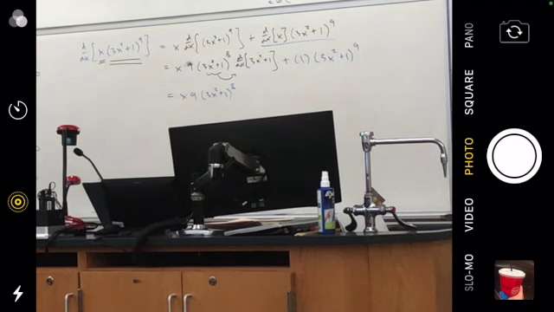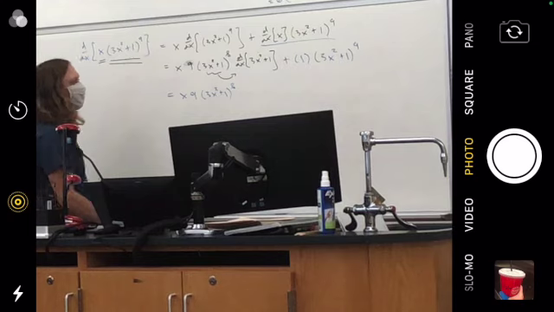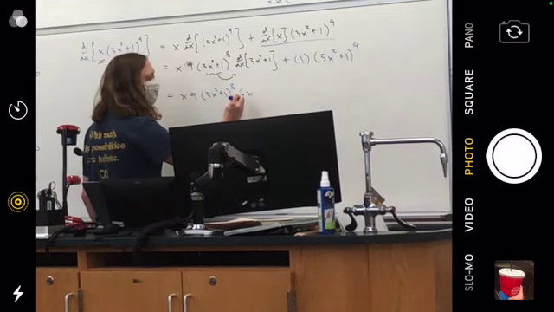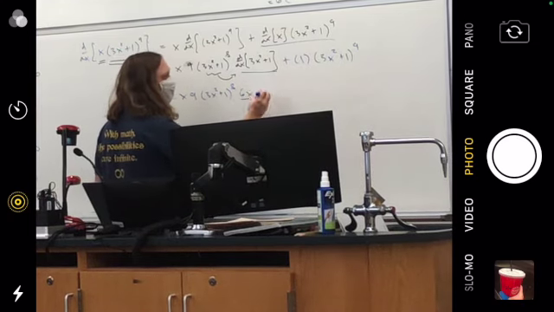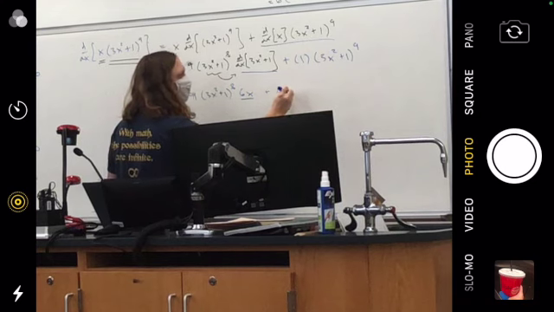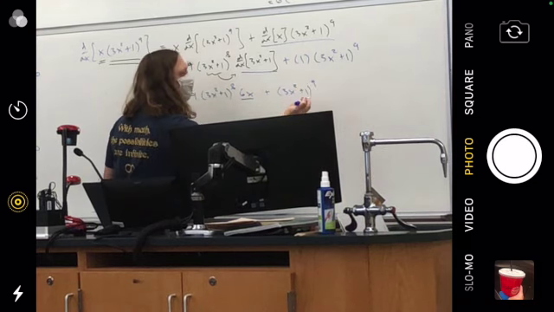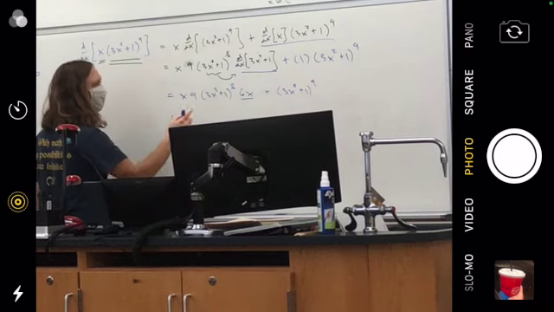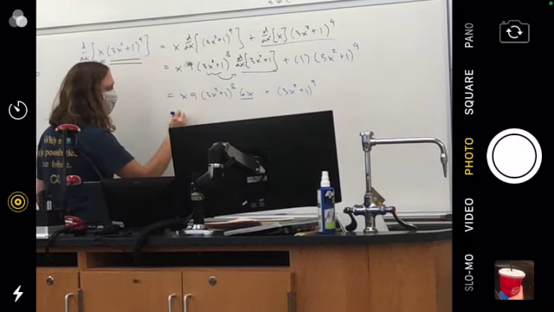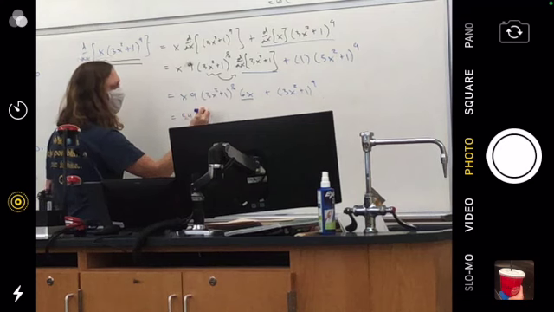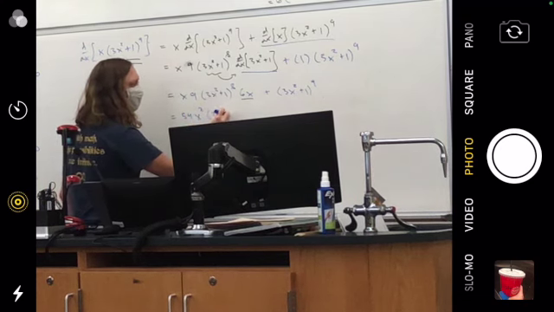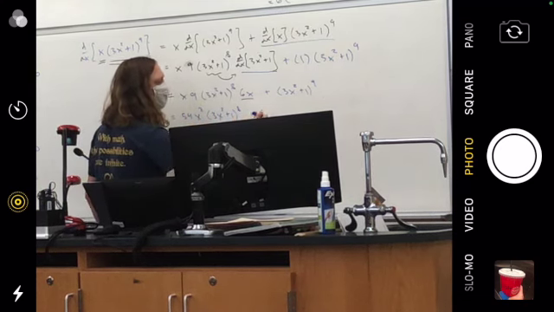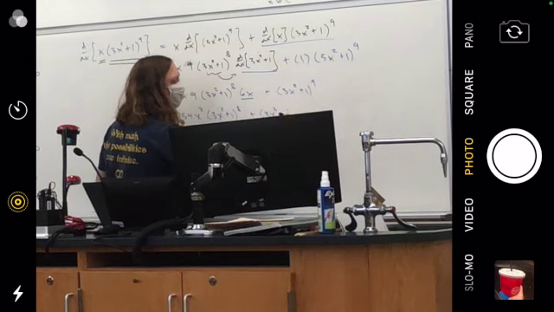So what is that derivative? 6x. And then plus 3x squared plus 1 to the 9th. So if I wanted to simplify this at all, 6 times 9 is 54x squared times this plus 3x squared plus 1 to the 9th.